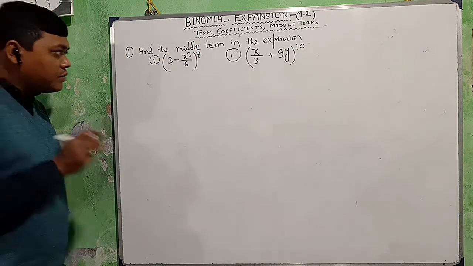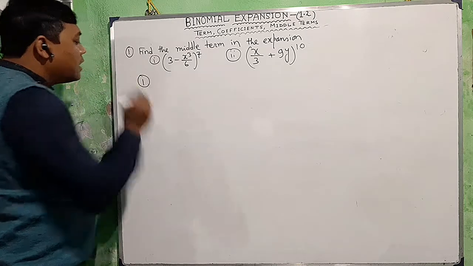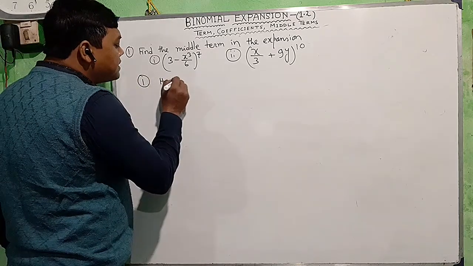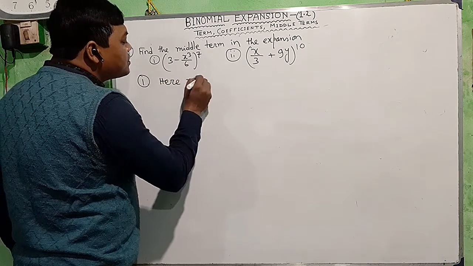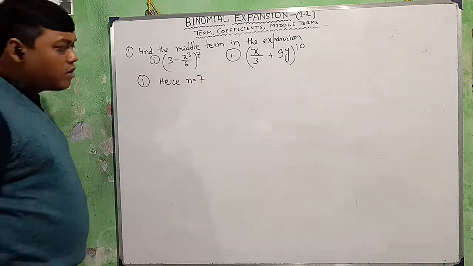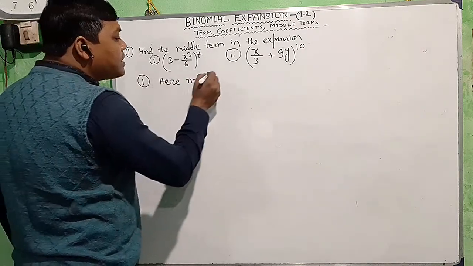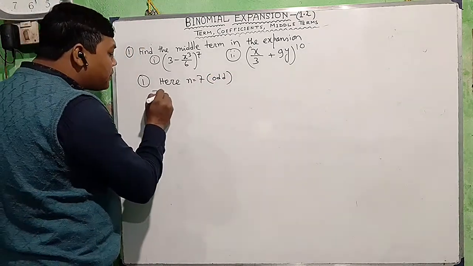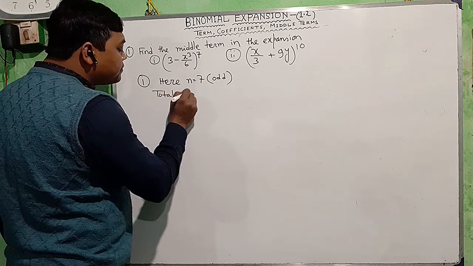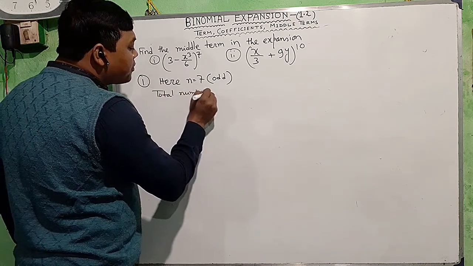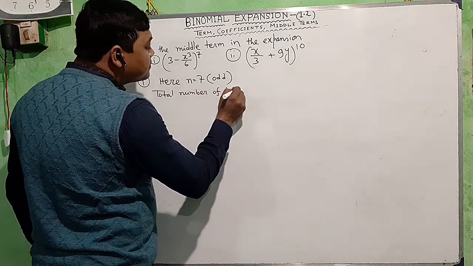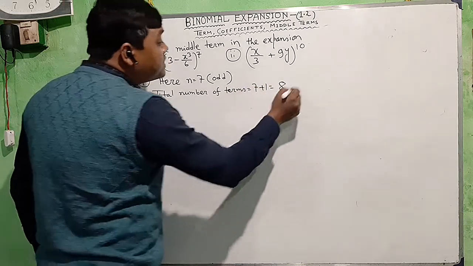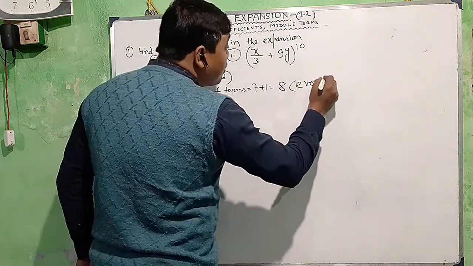So you see question number 1. Here the index is n equals 7, that means odd. So the total number of terms is 7 plus 1, that is 8, which is even.